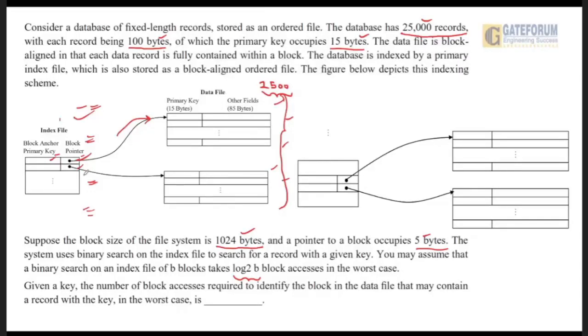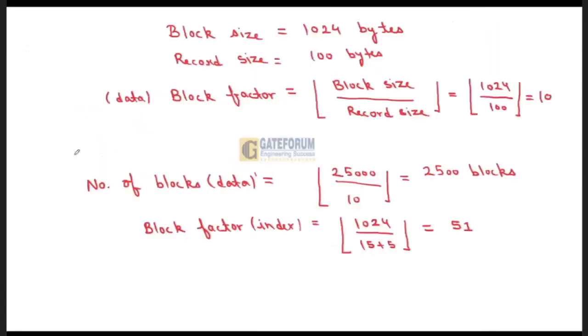So how many index blocks will we require? Because each pointer will point to a block, right? Each pointer will point to a block. So one index block will point to 51 blocks. But we have total 2500 blocks. So how many index blocks will be required?